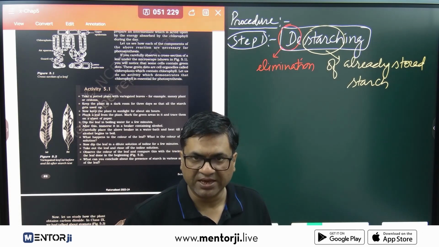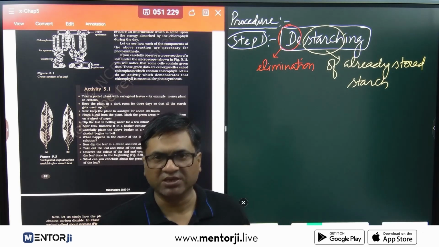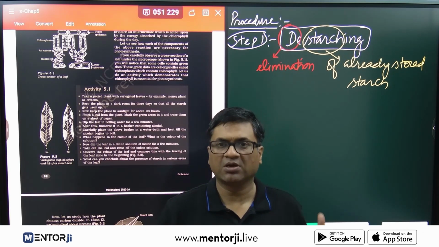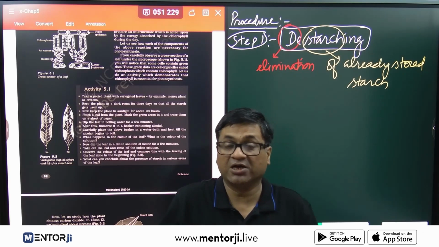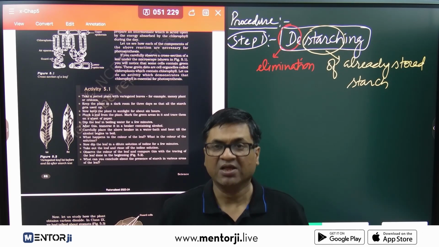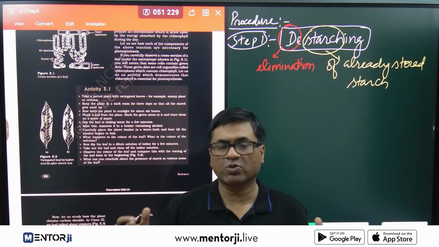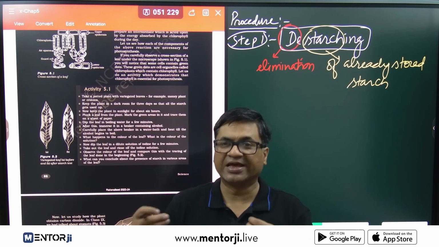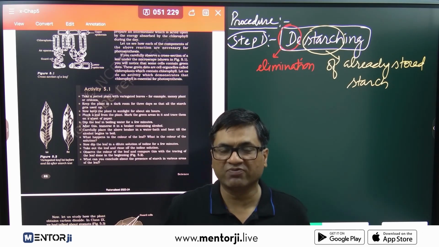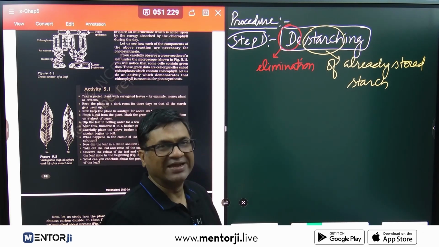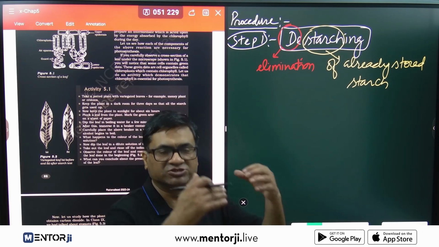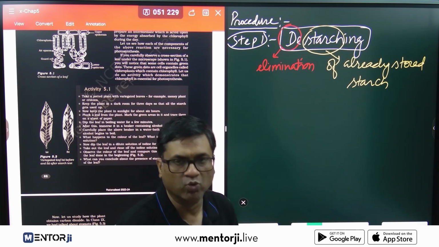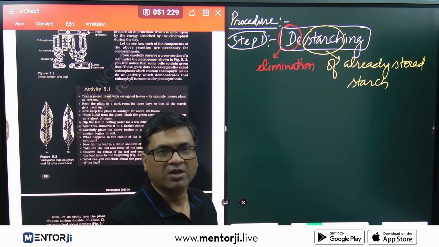The basic purpose is that we should have no confusion whether the starch was already made before the experiment or has been made now during this experiment. So we first eliminate all the starch stored in the plant, so that whatever starch is produced is new, produced during the experiment, not the already stored starch.